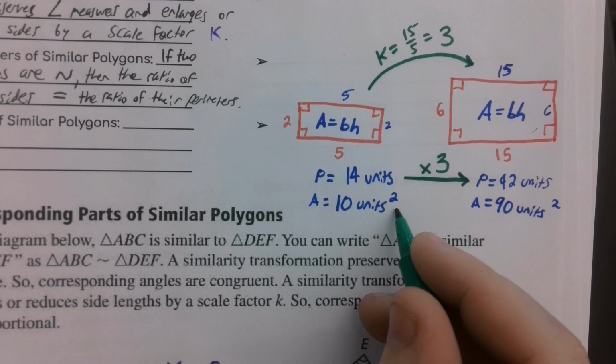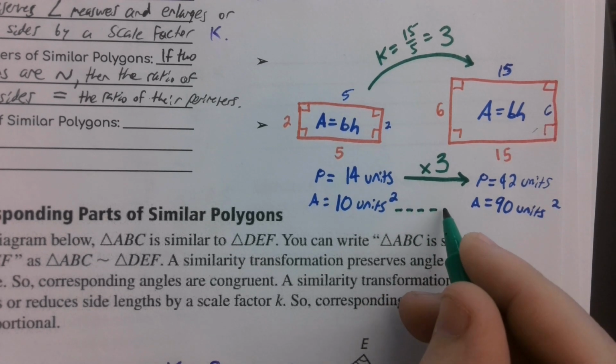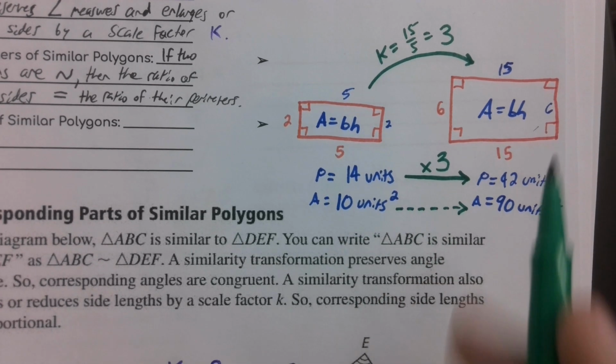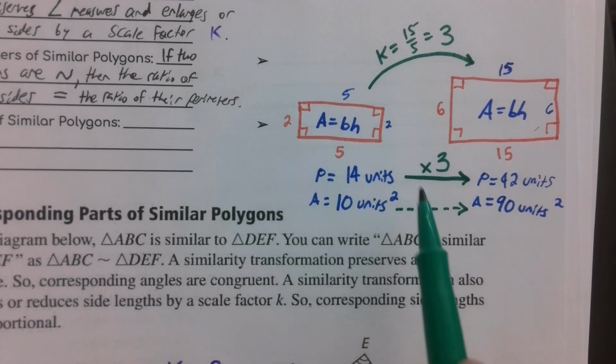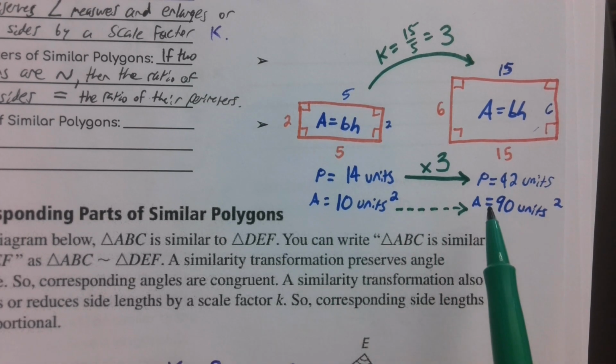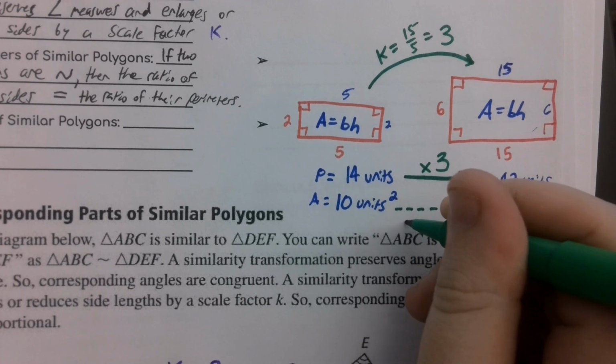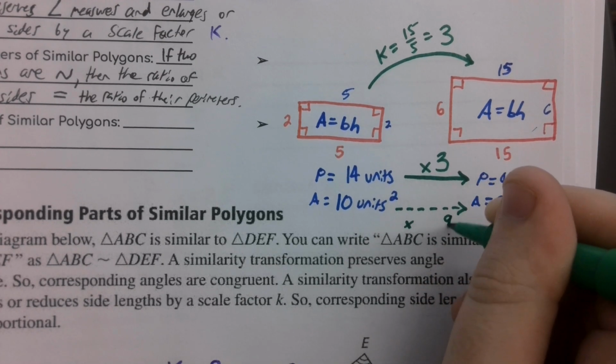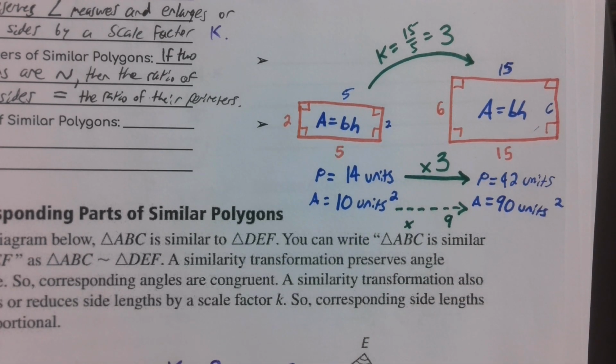The problem is, if I go from 10 to 90, we might expect to just be able to multiply by 3, like the scale factors. But 10 times 3 isn't 90. 10 times 9 is 90. So what happened here?